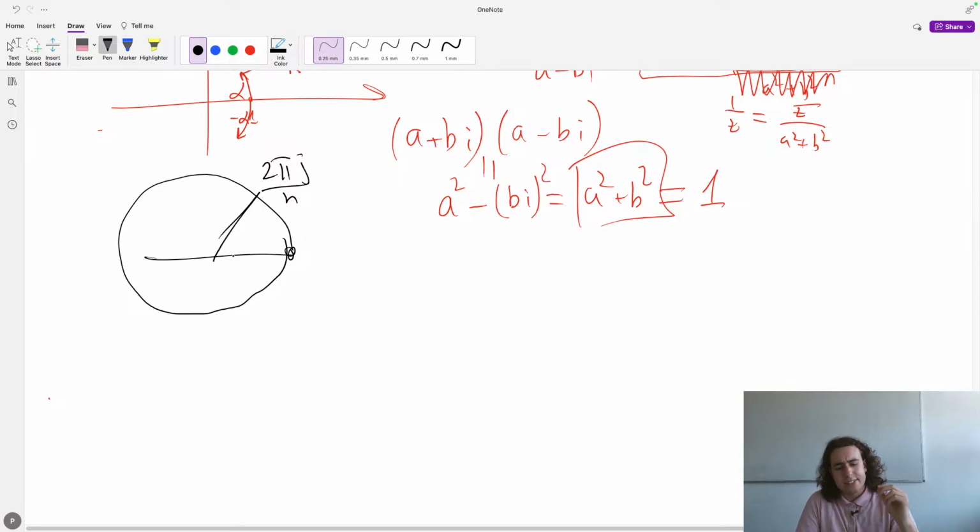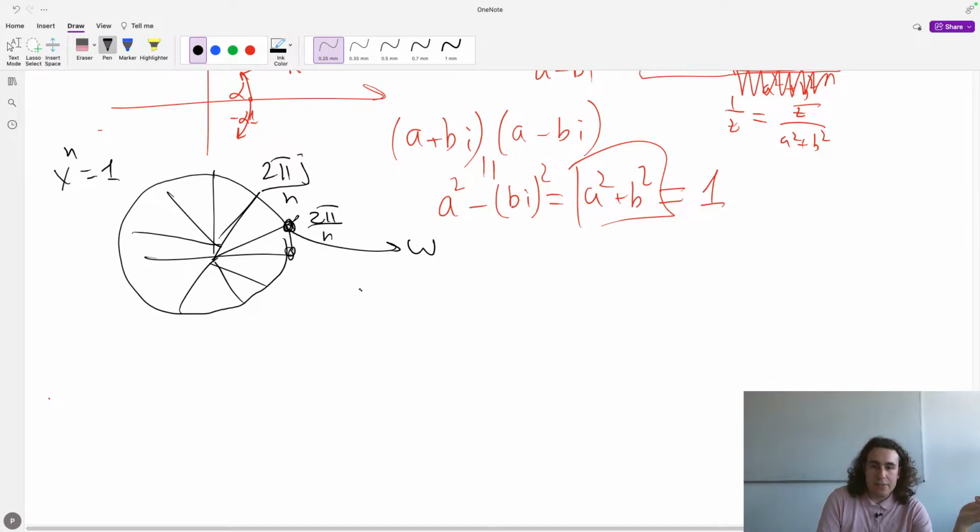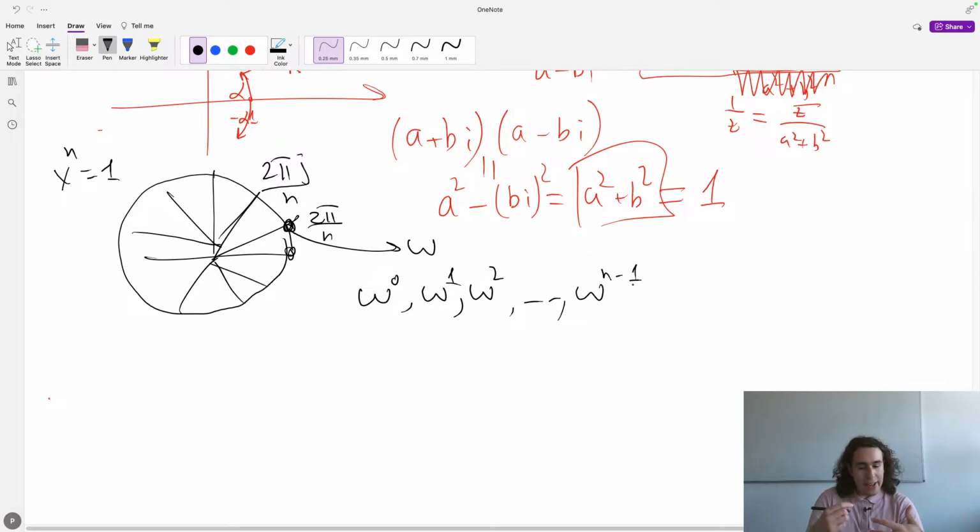I want to say that there is the most basic out of these roots, right? These are the roots of x to the n is equal to 1. The most basic root is 2 pi over n, so j is equal to 1. Let's call this value omega, and I want to say that all the other values are just omega to the 0, omega to the 1, omega squared, and so on, omega to the n minus 1. Why? Again, because of how complex numbers work, right?